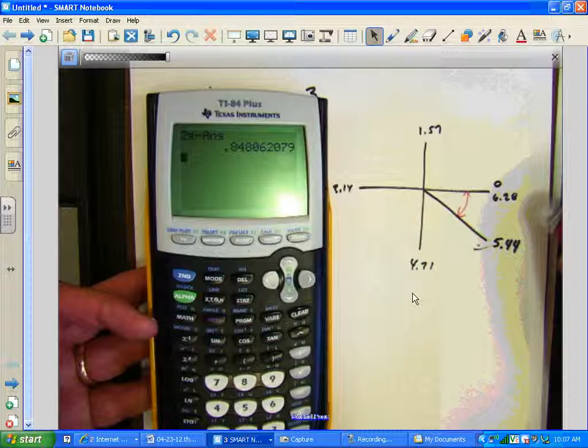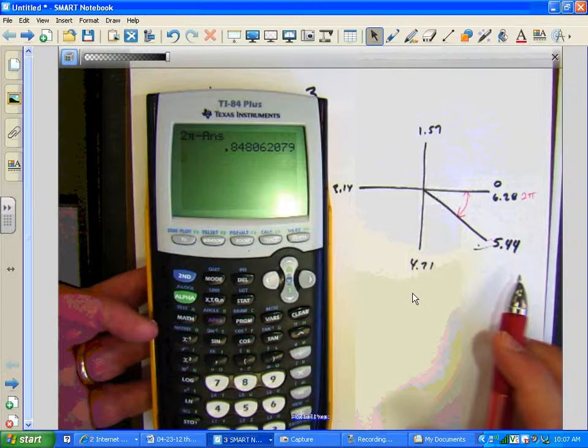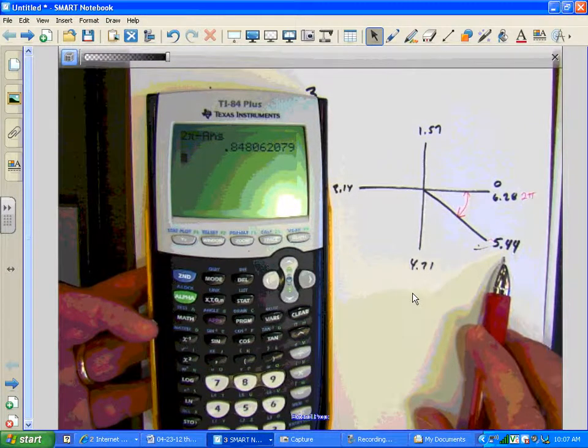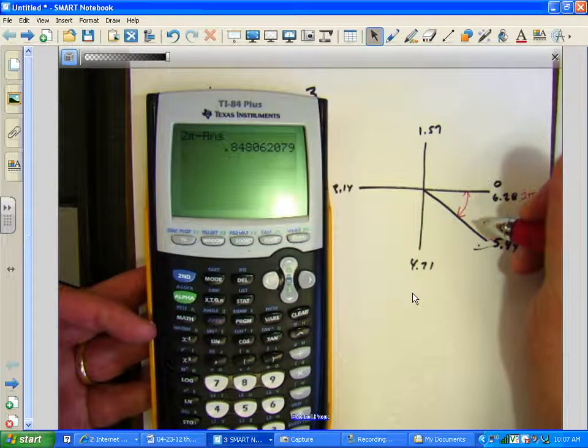Okay, now, in a correct quadrant, I'm going to make this angle and reflect it over.